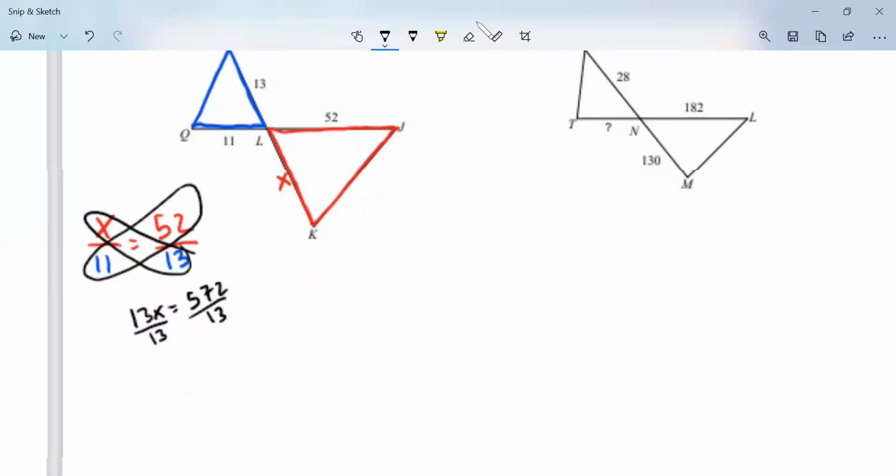So this 13 becomes a 1x. 572 divided by 13 is 44. I expected x to be smaller than 52, so 44 sounds about right. And remember, in your homework, you're just going to type in 44.